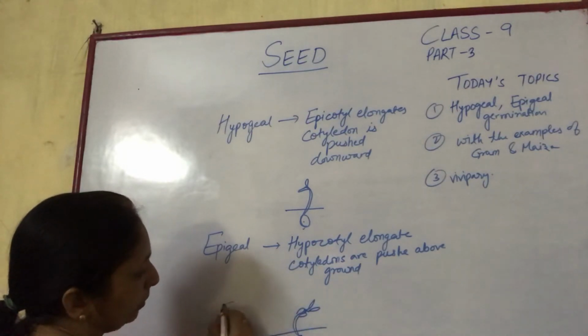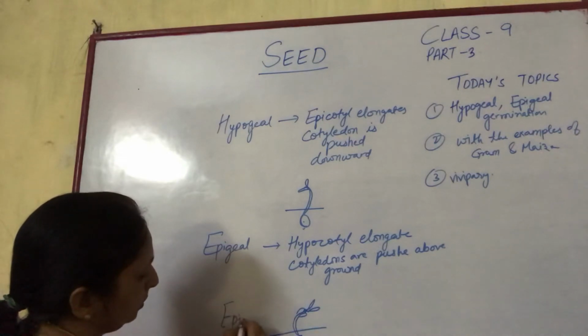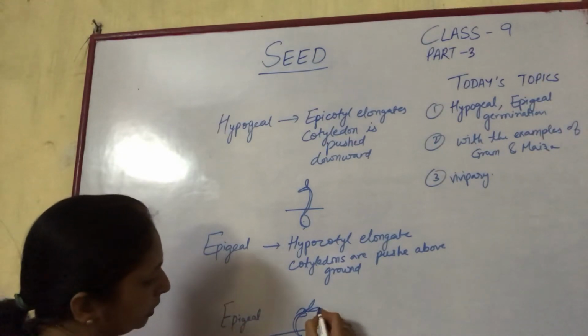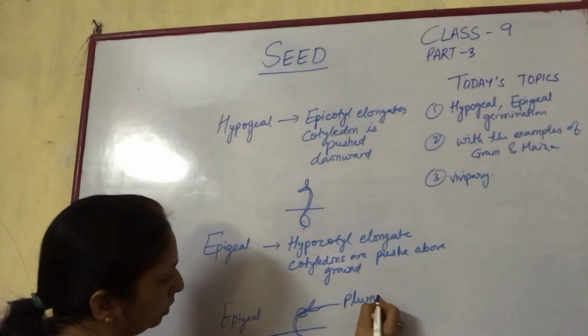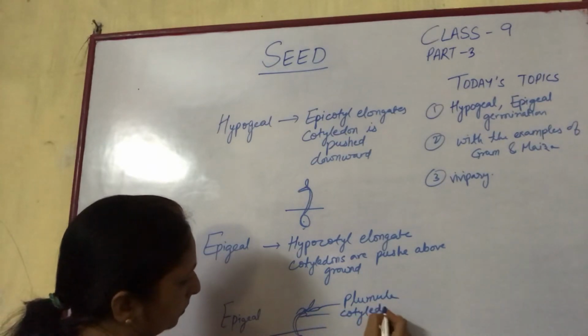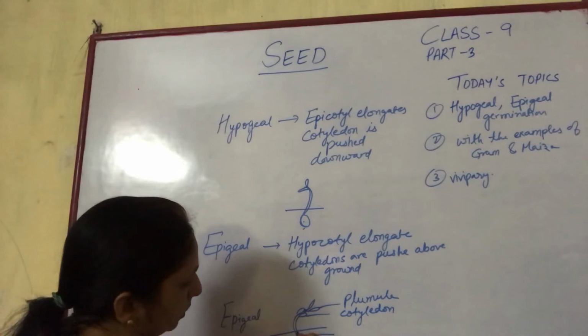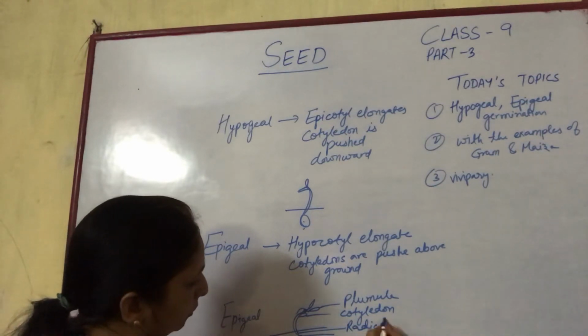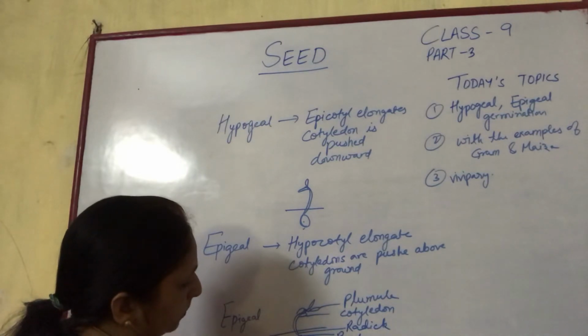Then this is epigeal. Here this is the plumule, the cotyledon, and here the radicle which develops the roots.